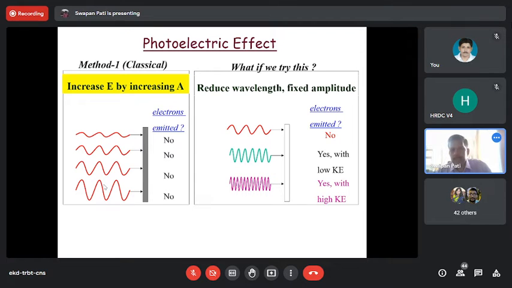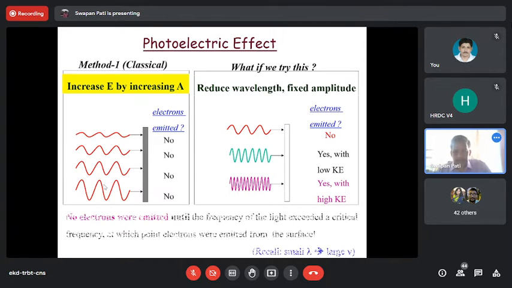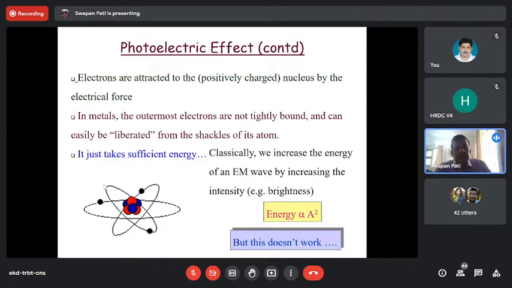Reduce further, yes, with high kinetic energy. So this proves that no electrons are emitted until the frequency of the light exceeds a critical frequency, at which point electrons are emitted from the surface. Remember, smaller lambda means larger nu, or larger energy. So this is the photoelectric effect, and Einstein described it this way.